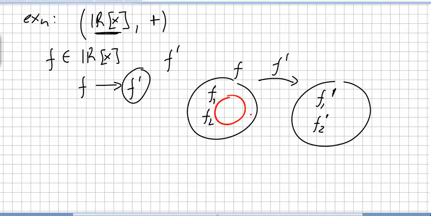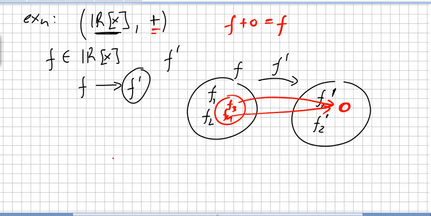Well, what is the identity here? We are talking about addition, right? So what is the addition? F plus 0 equals f. So the identity will be 0. So what are the functions f3, f4 that if we take the derivative we will get 0?